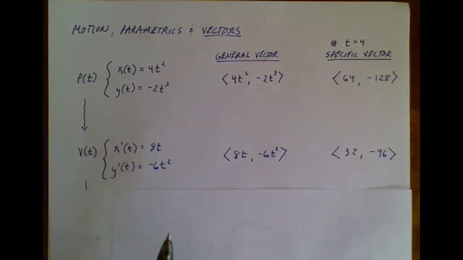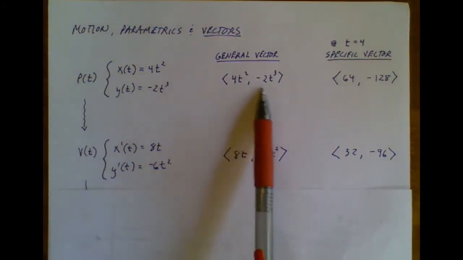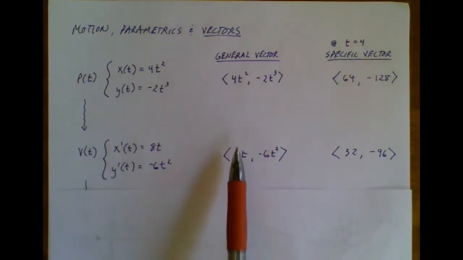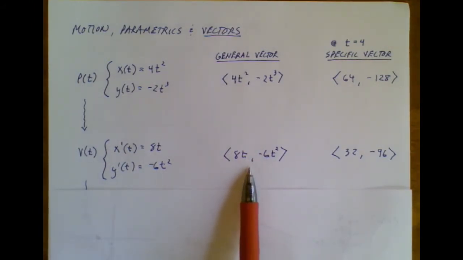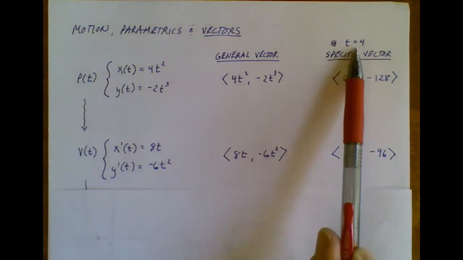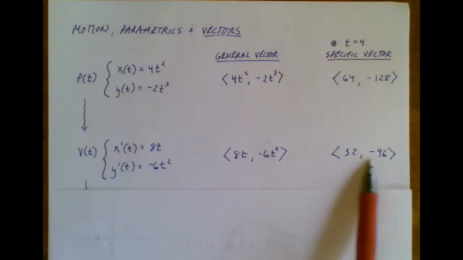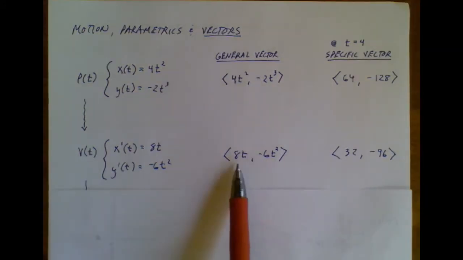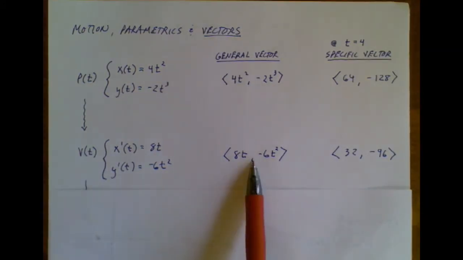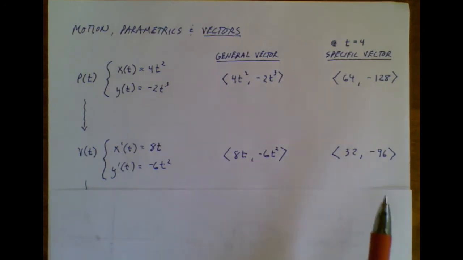But the same thing's going to happen in vector form. If this was the general position vector, then each piece has a derivative. Now we have a general velocity vector. And if I were concerned about, say, the velocity at t equals 4, I could plug a 4 into here. So keep in mind, again, the difference between a general vector and a specific vector.